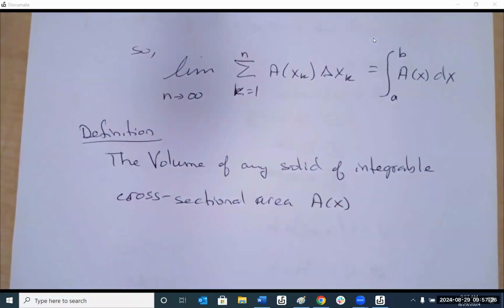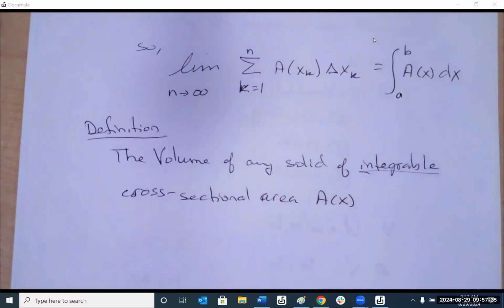What does that mean so far? The volume of any solid of integrable cross sections. What does integrable mean?